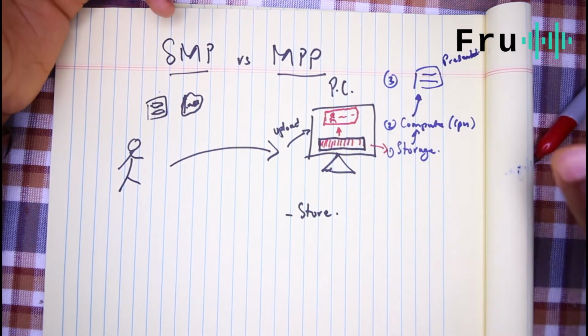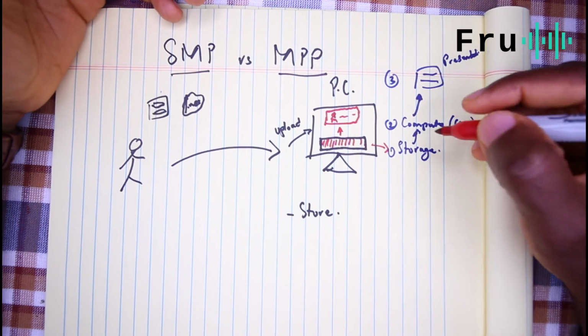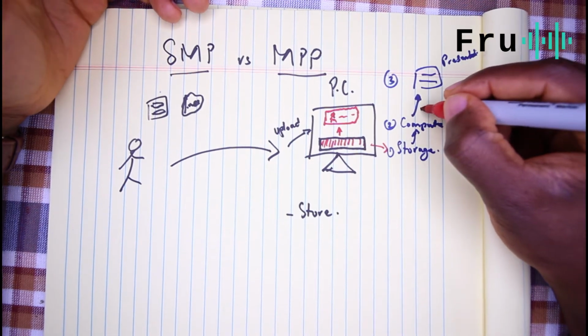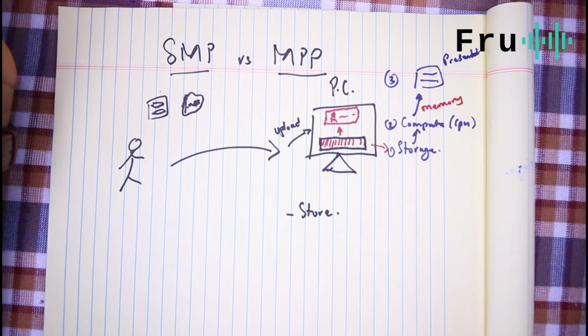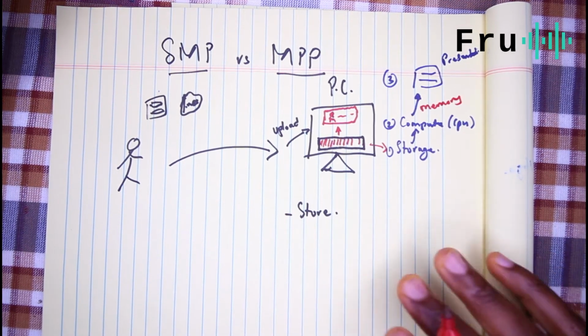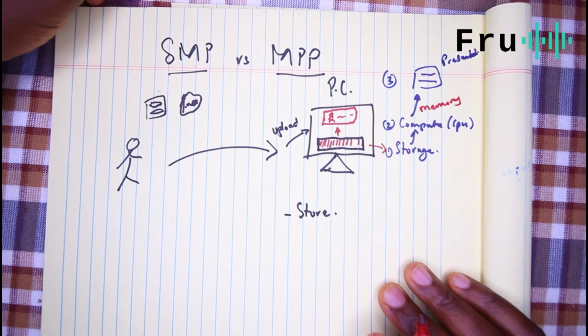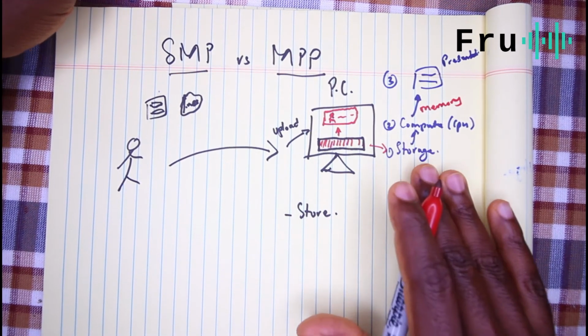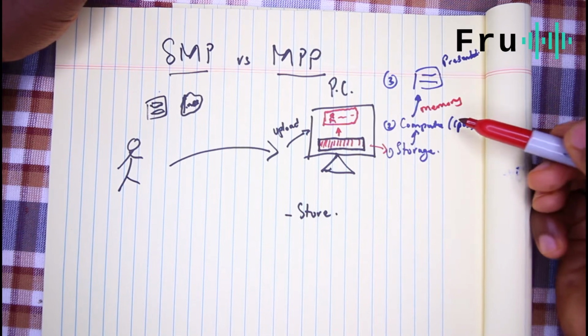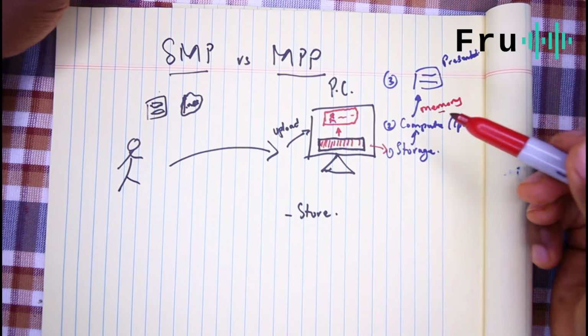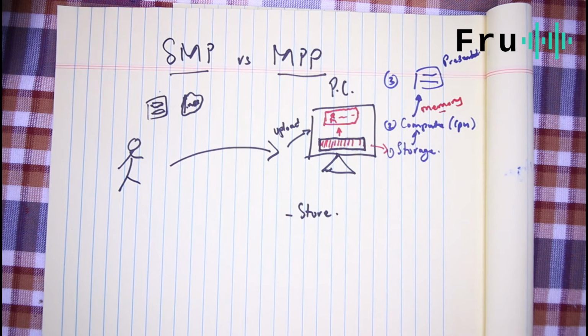And in between, there is a need for memory, right, when you're doing your processing. Again, I won't go into the details of architecture here, or the basics of how a computer works, but just take it that these are the things that are needed, right? Storage, compute, which is your CPU, and then some memory, which is kind of like your intermediate store to store things.